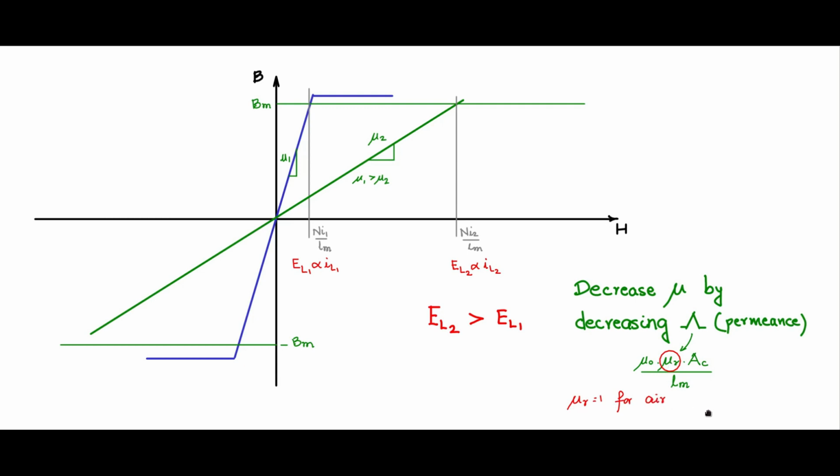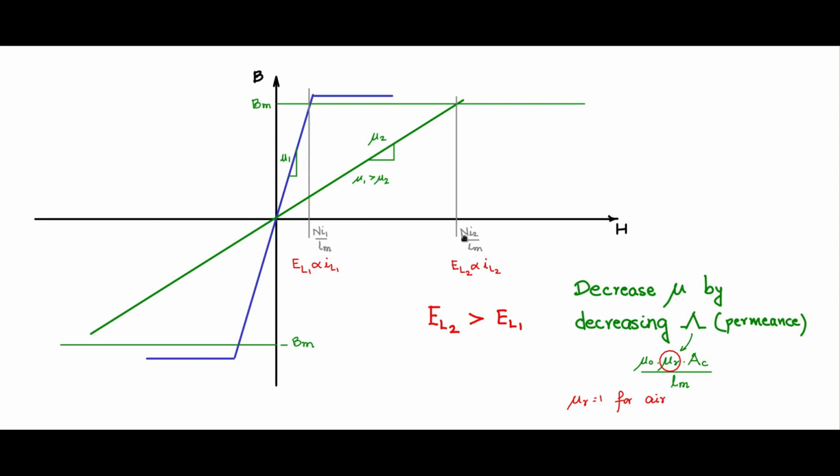So mu r is equal to 1 for air. So if you start introducing air gaps, then my relative permeability value will start coming down for the same core, and the effective permeability mu naught into mu r will start reducing and the slope decreases. And as the slope decreases, the intercept at the BM maximum operating flux density will move further away into the x-axis, and the core will be able to handle higher currents, and therefore the inductor is capable of storing higher energy.